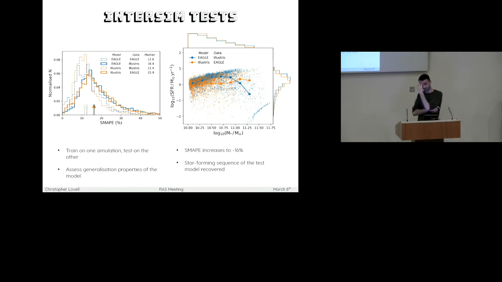Yeah, so we did test other SPS models. We used the Bruzual and Charlot 2003 models as well. In terms of the intersim tests and everything, it all worked very, very similarly to FSPS. So the CNN still learns that mapping, which is a reasonably simple mapping between the simulation: each star particle basically has an age and metallicity, and you map that using FSPS. And it was able to learn that no matter what the SPS model was.